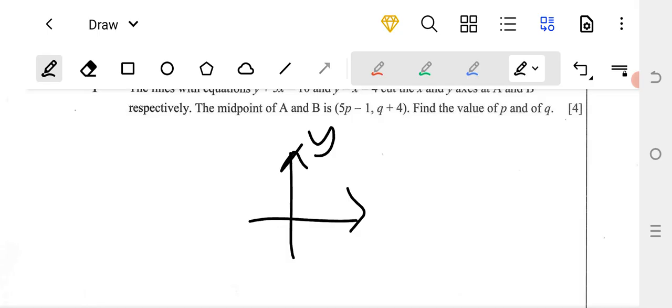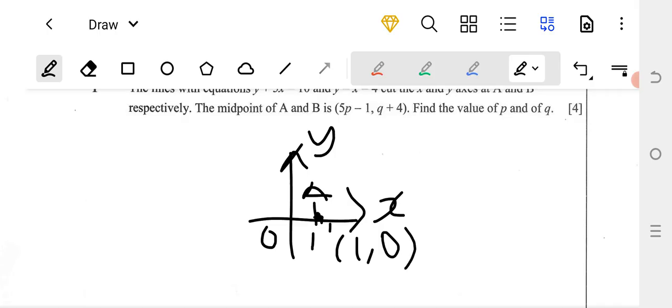This is the y, this is the x, there's a 0, and then you have a point 1 there, and they tell you that's A. Write it as a coordinate. So it's actually (1, 0), this point.